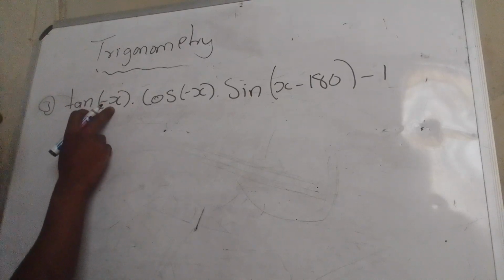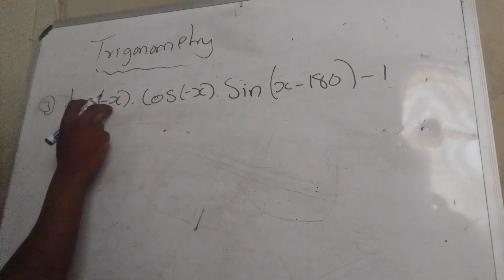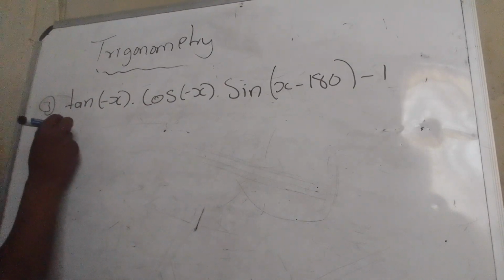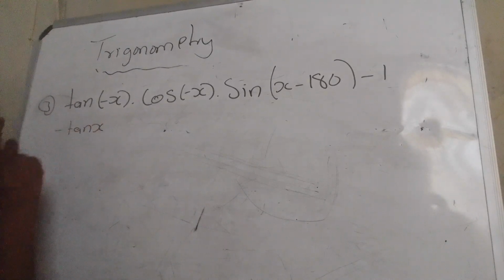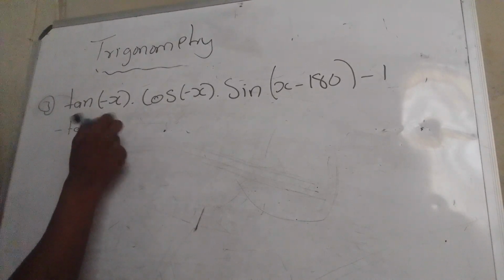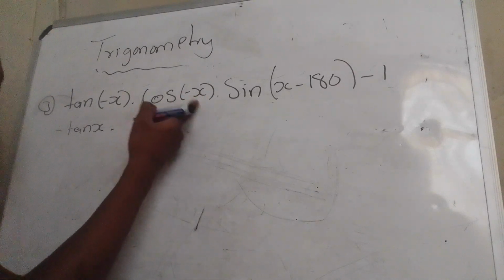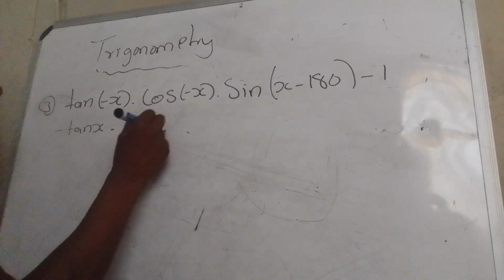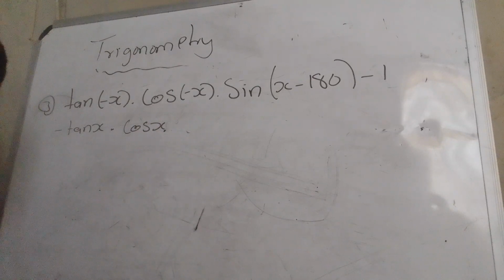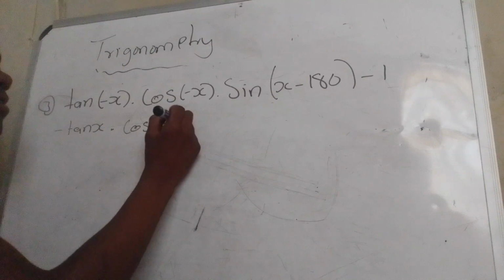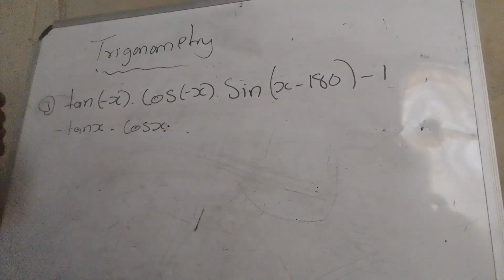Since it's a negative angle, negative x, only cos is going to be positive when it is a negative angle. So we're going to have a negative tan x, right? Times cos negative x. Cos is going to be positive when we're having a negative angle, right?